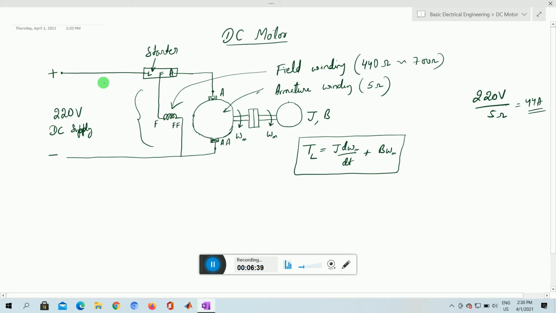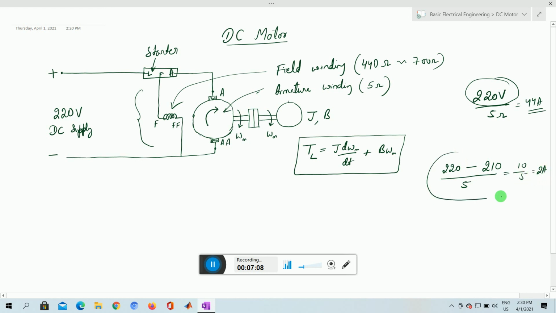But initially the voltage is 220 volts, and therefore the current is very high. What happens later on is that once the armature starts rotating at the rated speed, it develops its own voltage, like 210 volts. Now the net voltage is 220 minus 210 divided by 5, that is 10 by 5, which gives 2 amperes.